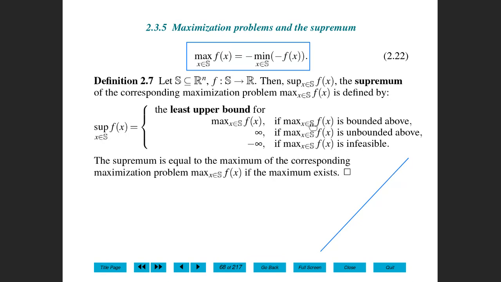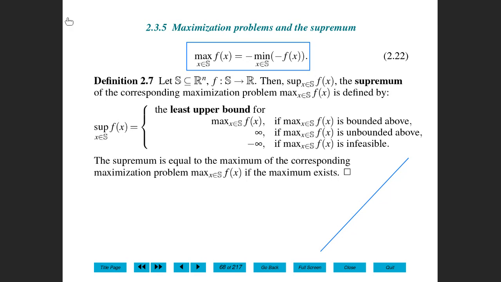If the maximization problem is bounded above, so if we know what the bound is, then we say that value is the supremum. And if it is unbounded, like in this case, we say it is infinity.